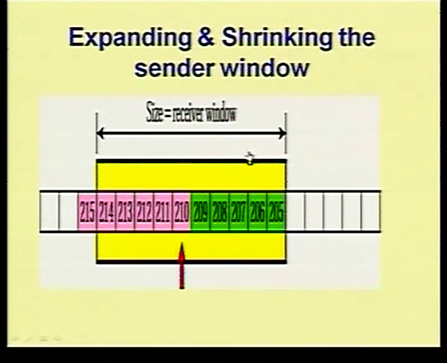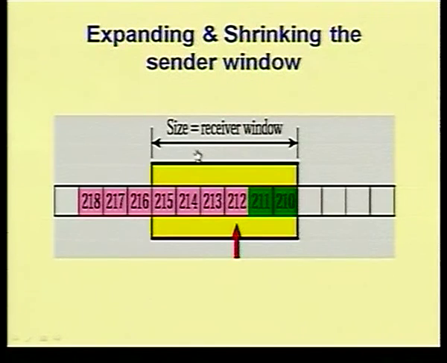Now, next let us look at expanding and shrinking of the sender window. This will depend on the window size that I receive from the advertised window. In this case you can see that I have a larger window that is advertised by the receiver. So, if so many bytes have already been transmitted, I can still go ahead and transmit another 5 bytes. The window size here is 10.